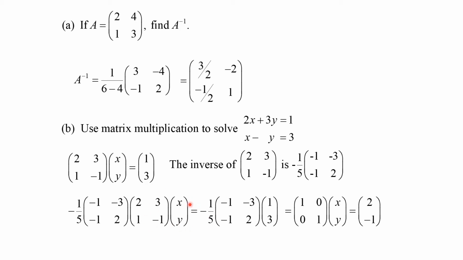So this is the working: you find the inverse of 2, 3, 1, -1, and then multiply by 1, 3. You should get your x and y, which are 2 and -1 respectively. So this is the solution for this set of linear equations.